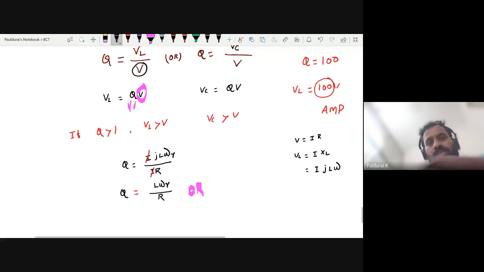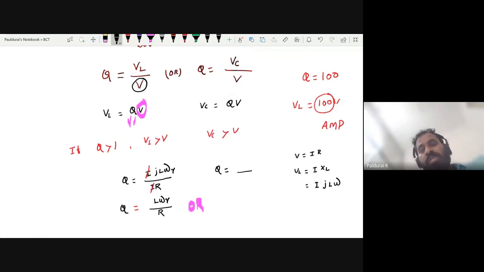Coming to the other formula, with VC. What is the voltage drop across the capacitor? Here also V equals I times R, no change. At resonance, all the voltage must appear across the resistance. How will you write the formula for the voltage across the capacitor? Here also the same current I, but this time it is XC, so XC equals 1 by C omega.